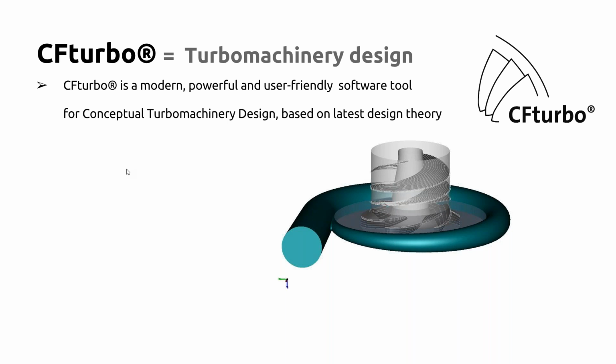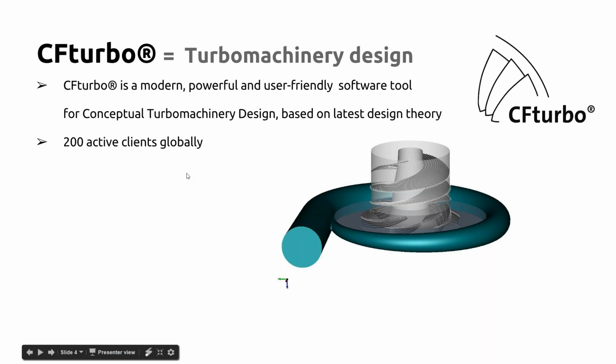It is called conceptual design because you don't start with the definition of data points or by typing in coordinates, but instead you start with an operational point, and then in the software a lot of algorithms and empirical knowledge is used to guide you through a design process, which in the end will give you a good 3D representation of your turbomachinery component. Right now we have 200 active clients globally, and it's still growing.